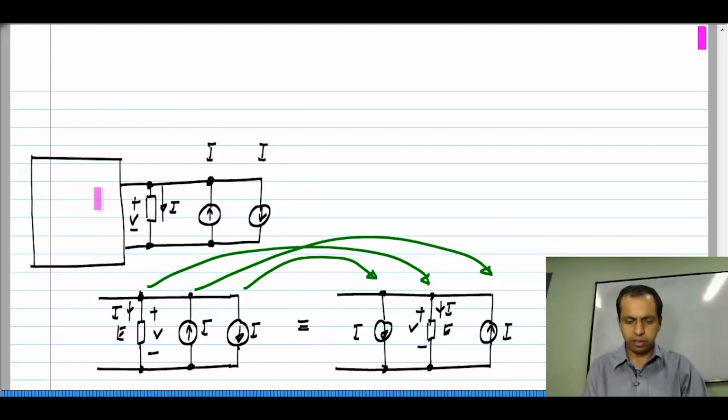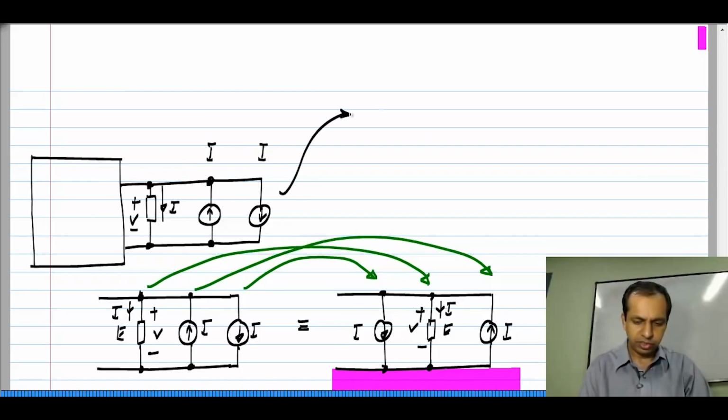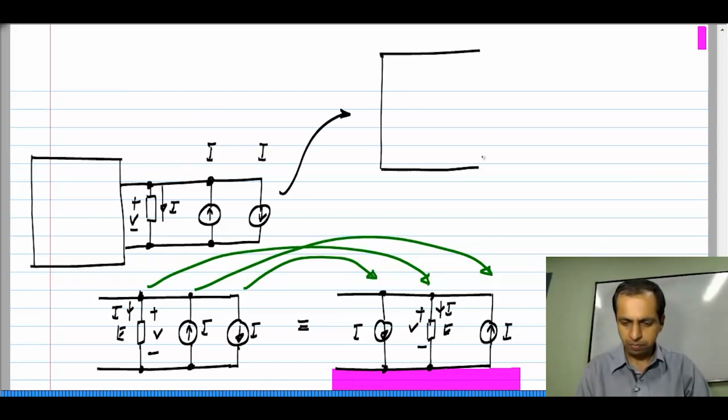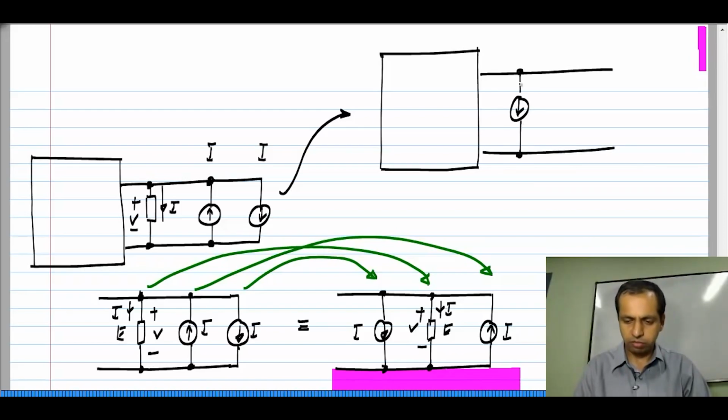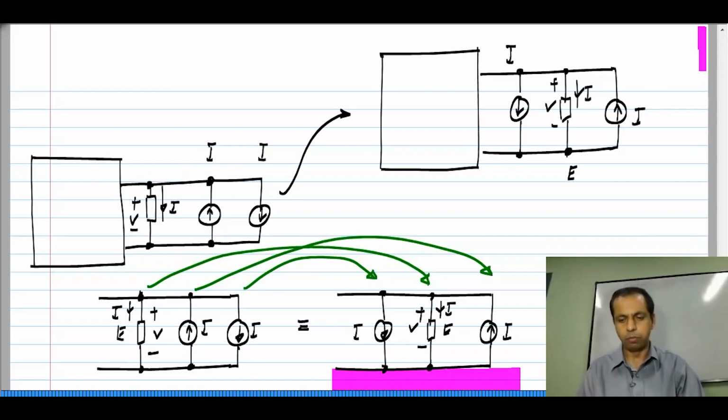Now, I can redraw the complete circuit with this instead of that one. So, if I do that, this will change to this circuit where I draw the current source of value I first, then the element E with a voltage V across it and a current I through it, and the other current source I pointing upwards.